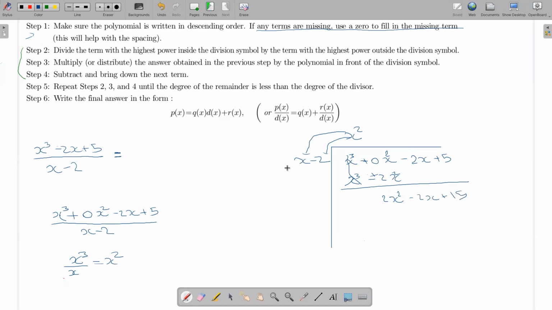Now again here I have the highest term, x squared. So if I divide 2x squared by x, this x squared cancels out, I get a 2x. So that one I write here, plus 2x.